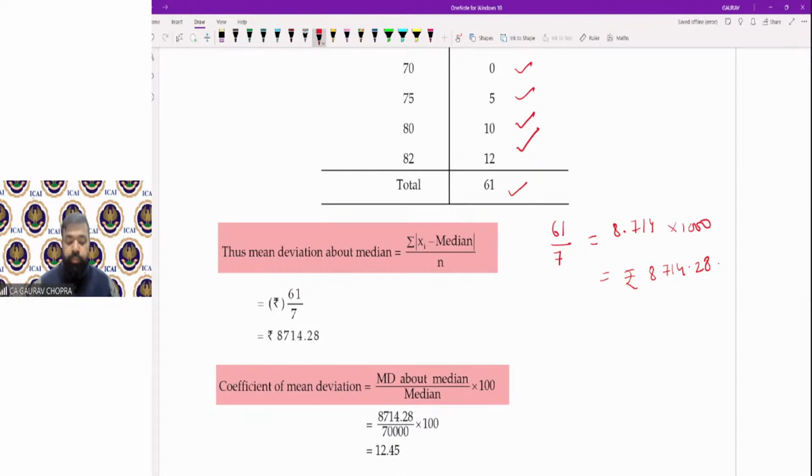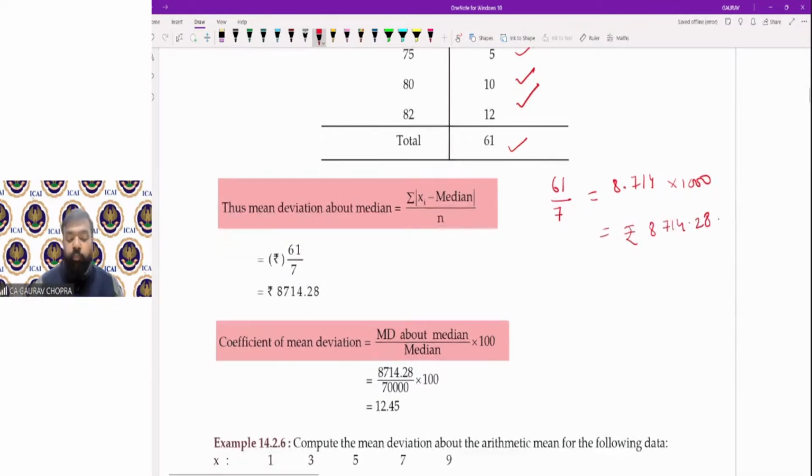Now the coefficient of mean deviation. How to calculate the coefficient of mean deviation? Simply mean deviation divided by median into 100. So mean deviation is 8714.28 divided by median 70,000 into 100.